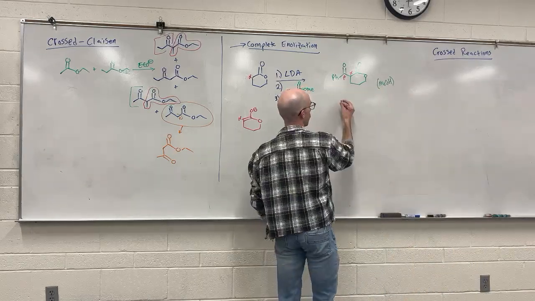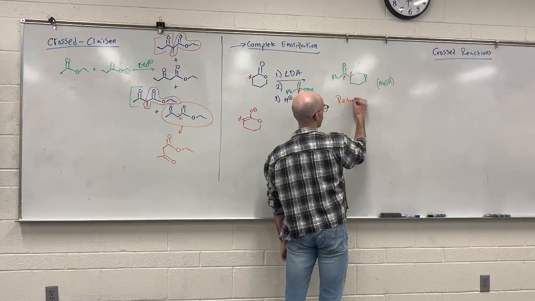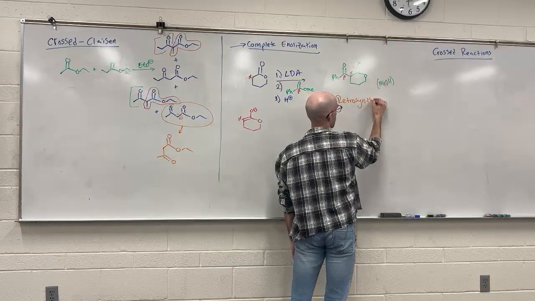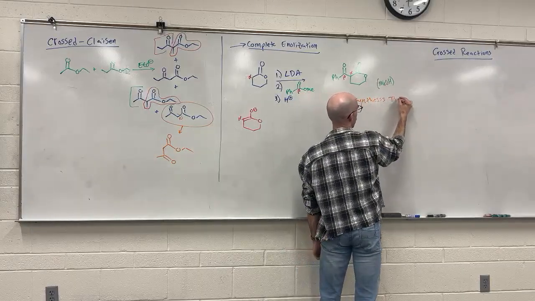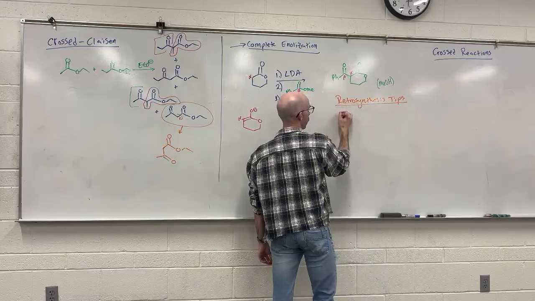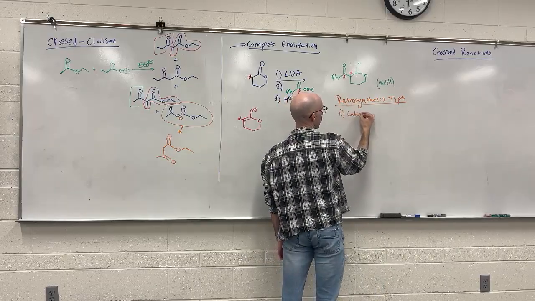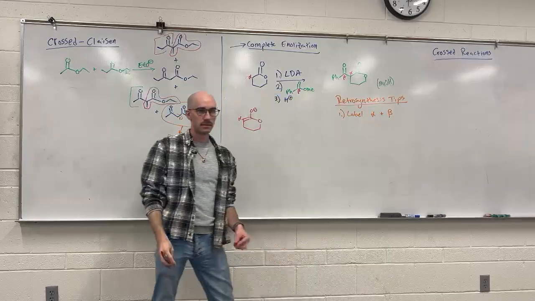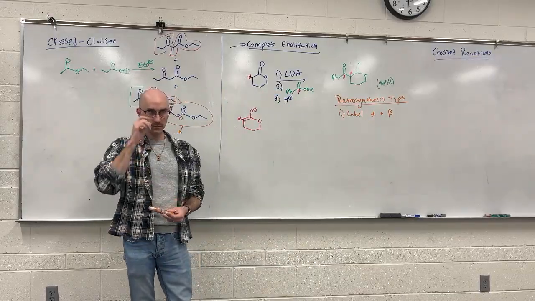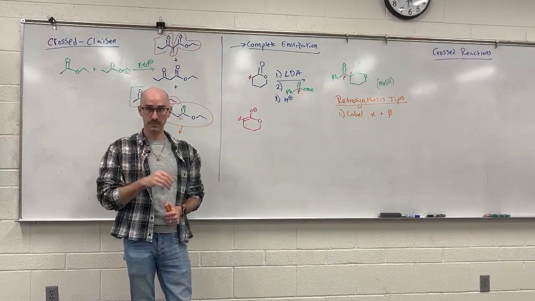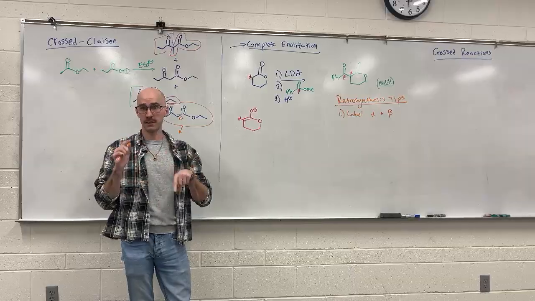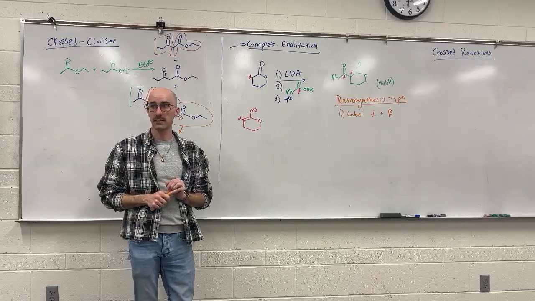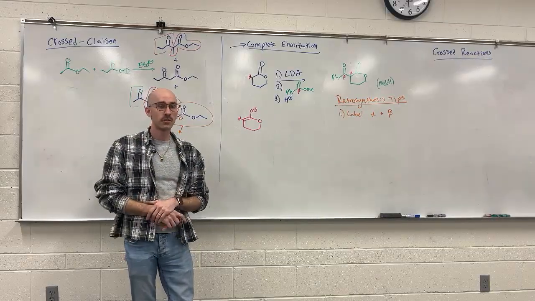So, some retrosynthesis tips. Number one: label alpha and beta. Those of you that through this unit have looked at these products and said, the functional group is a ketone.